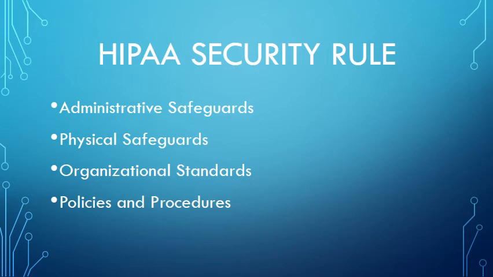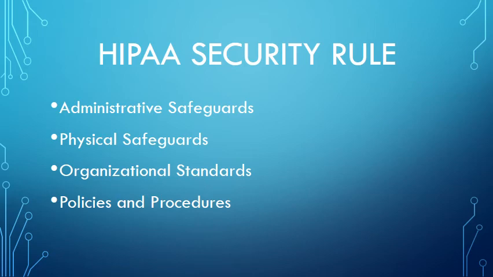Second are physical safeguards, which are the physical measures, policies, and procedures to protect the electronic information systems and related equipment from natural and environmental hazards as well as unauthorized intrusion. Third is the organizational standards, which require a provider to have contracts or other arrangements with other organizations that will have access to the electronic protected health information.